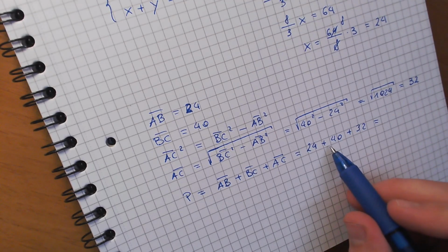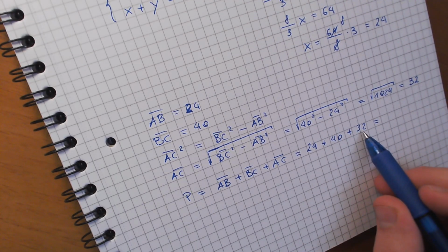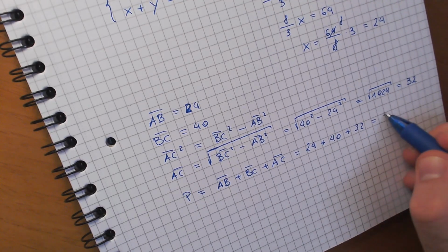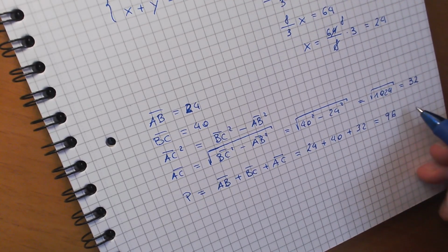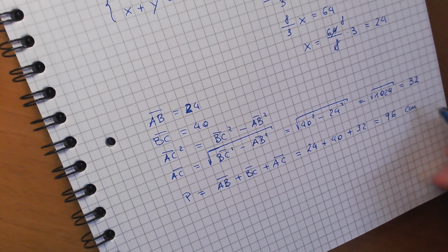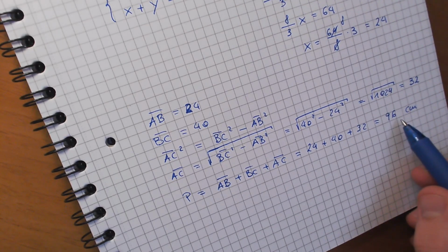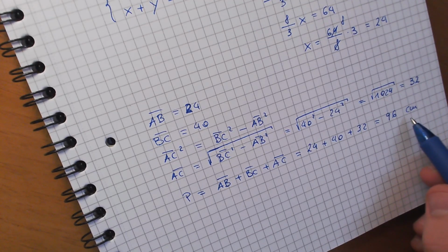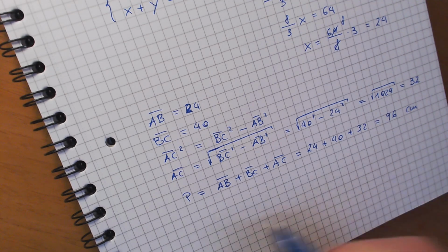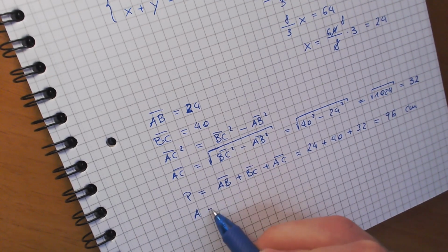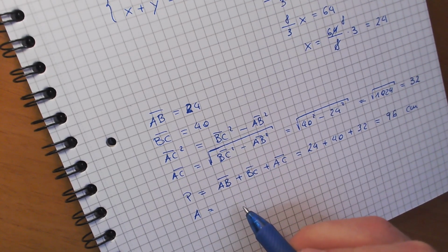So 24 plus 40 is 64, plus 32 is 96 centimeters. Okay, so the perimeter is 96 centimeters.